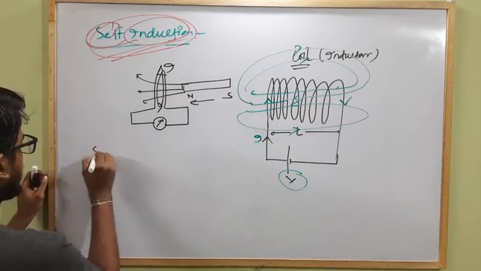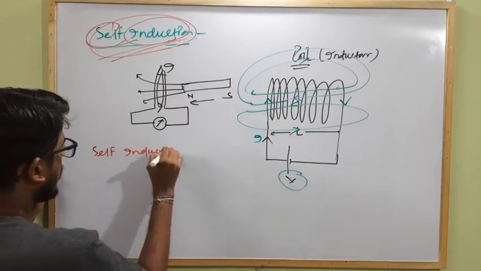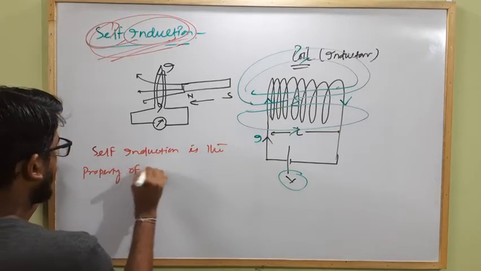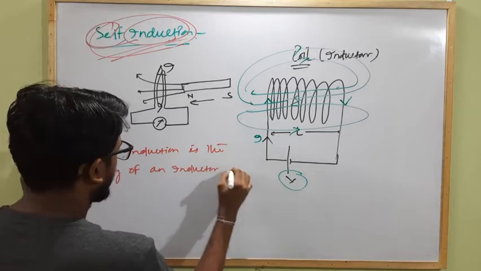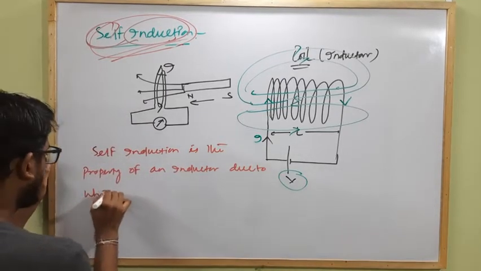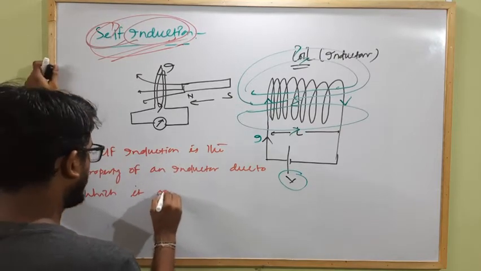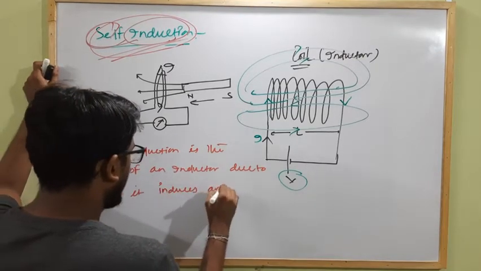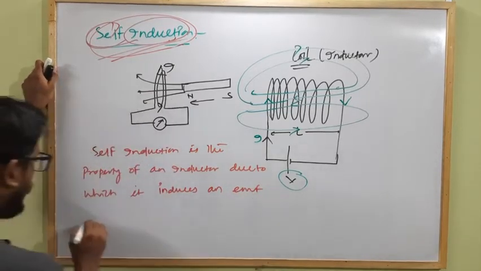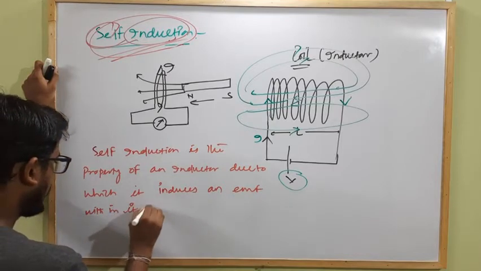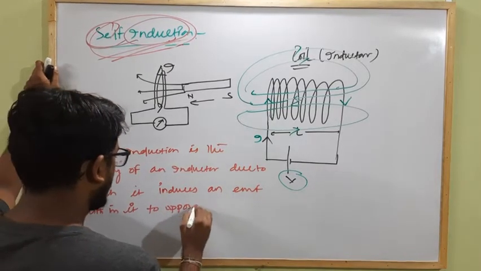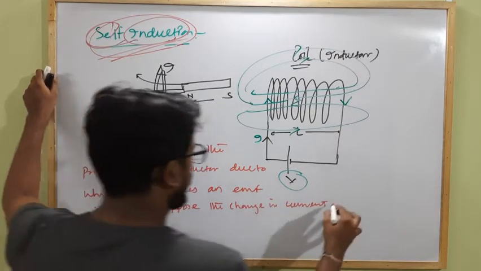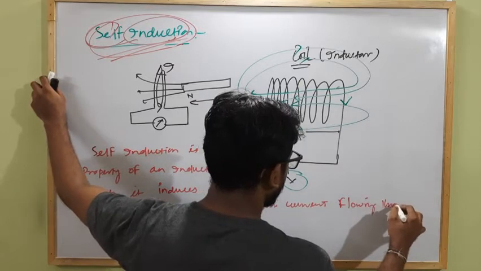We can write: self-induction is the property of an inductor due to which it induces an EMF within it to oppose the change in current flowing through it.